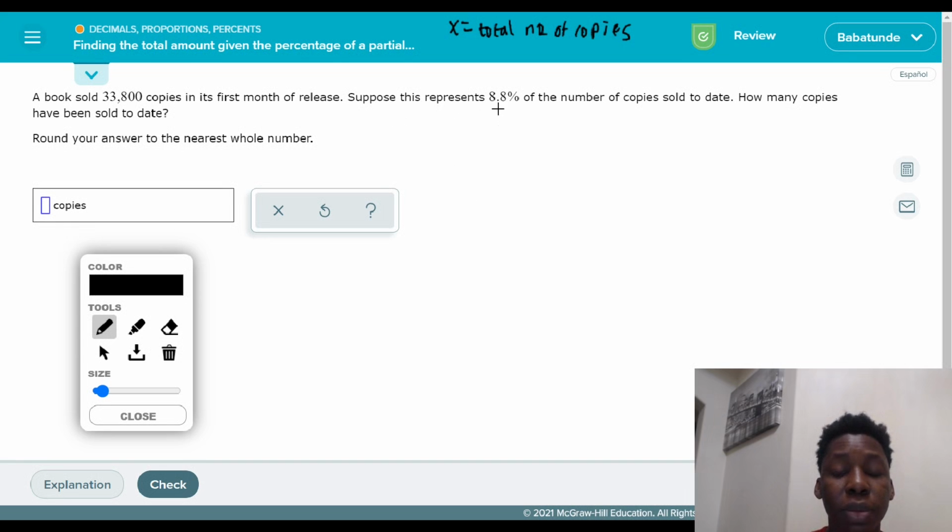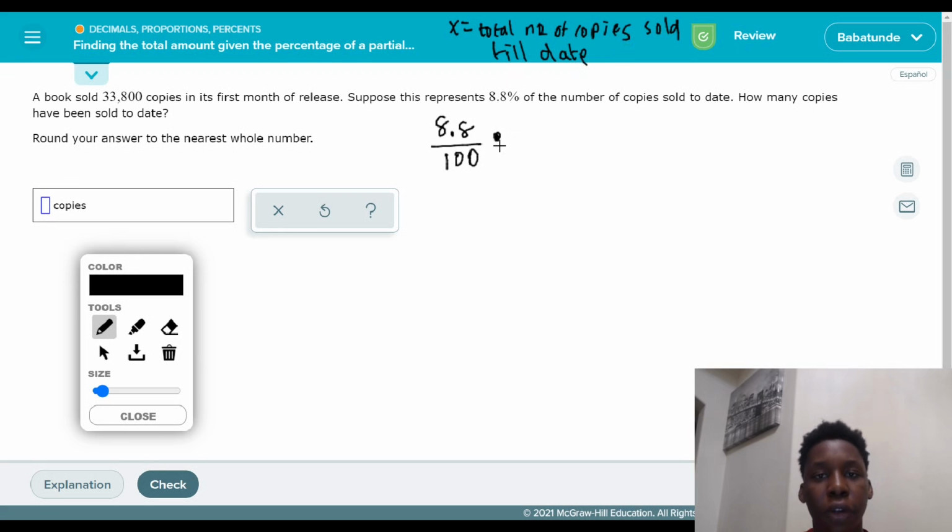It says suppose this represents 8.8% of the number of copies sold to date. So 8.8% of the total number of copies sold to date. Of is basically what.